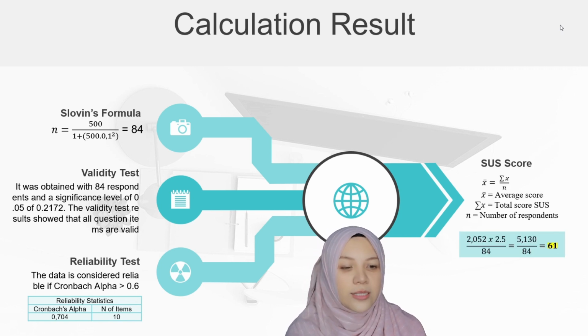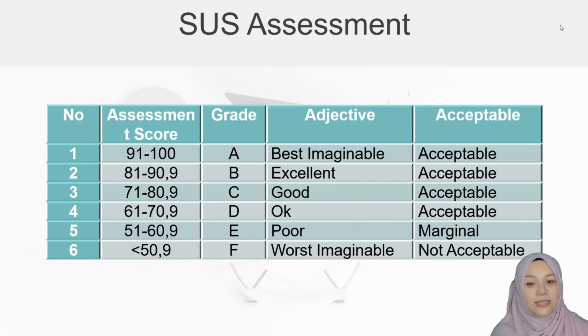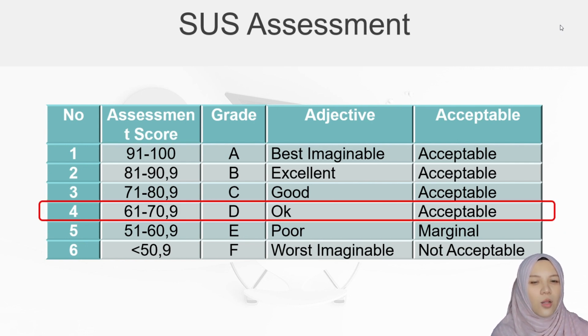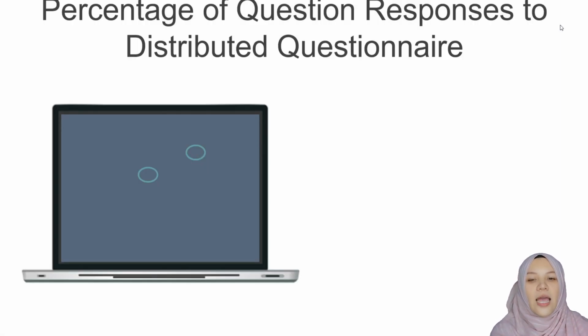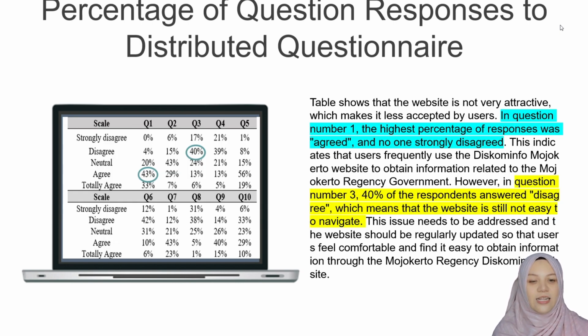And the final one is the SUS score, which I mentioned in the previous slide. We got the number of 61. This 61 result, as you can see, is in grade 4, which is okay, acceptable, but almost marginal.